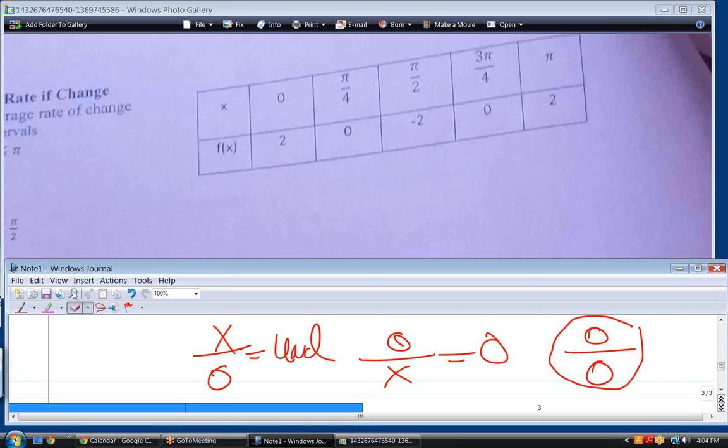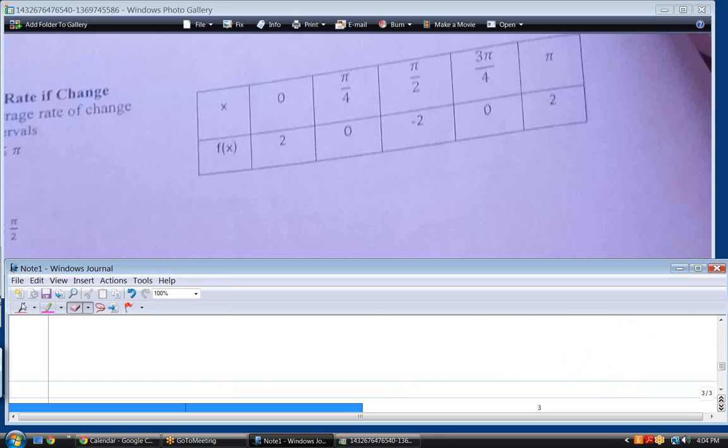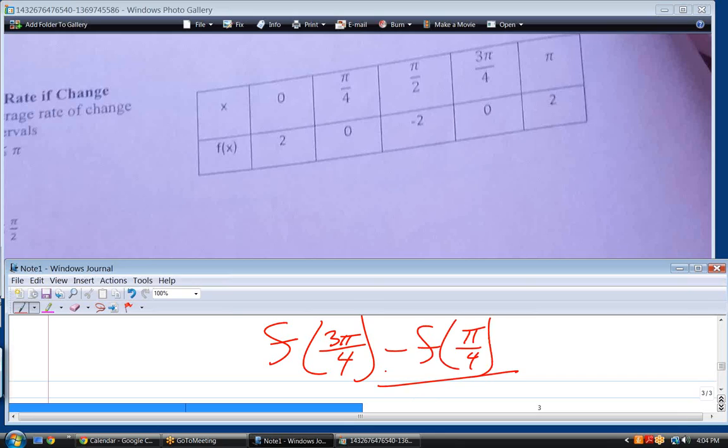But in this problem, going from pi over 4 to 3 pi over 4, remember it's f of the first minus f. In other words, that means f of 3 pi over 4 minus f of pi over 4, divided by 3 pi over 4 minus pi over 4.